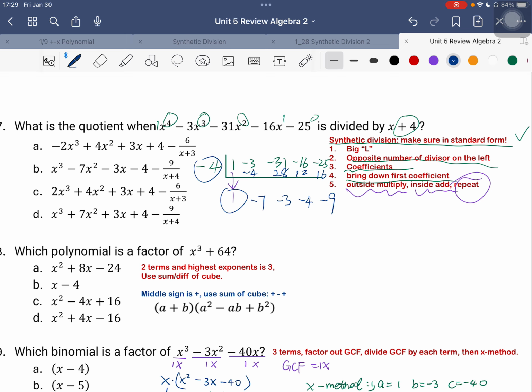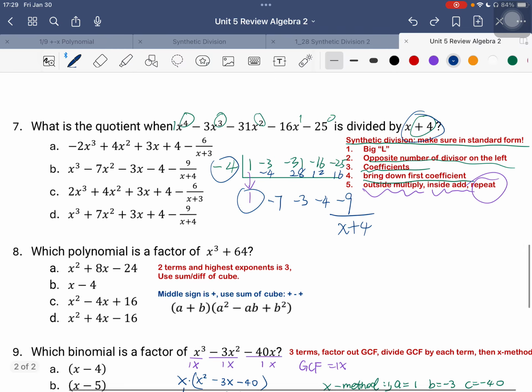Then negative 9. Okay. Now I know the last number is my remainder. It must be the remainder over the divisor, which is x plus 4. And for the first coefficient, when I give them the x, the exponent must be 1 less than the dividend.